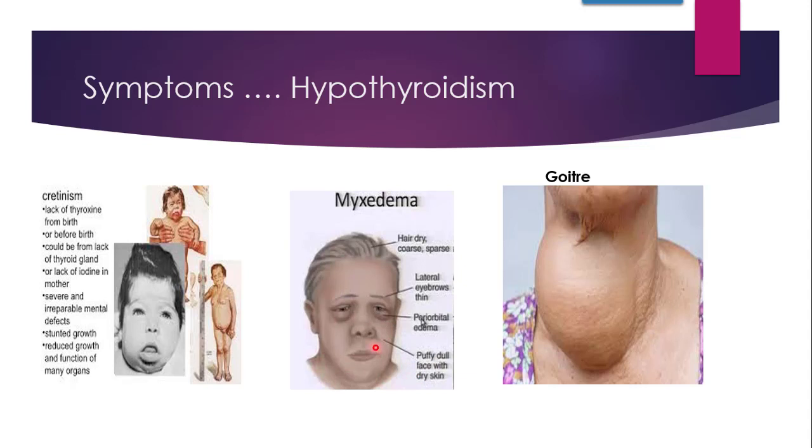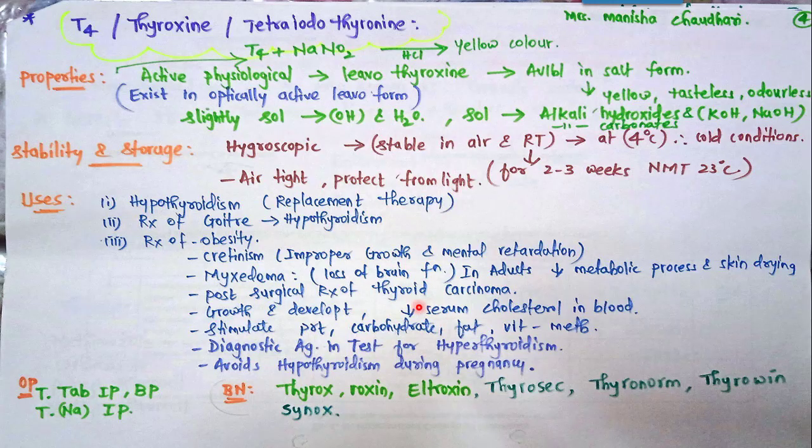There can be a dull face and dry skin. So these all are the symptoms of myxedema. So due to lack of thyroid hormones, myxedema can also be treated by T4, that is thyroxine.